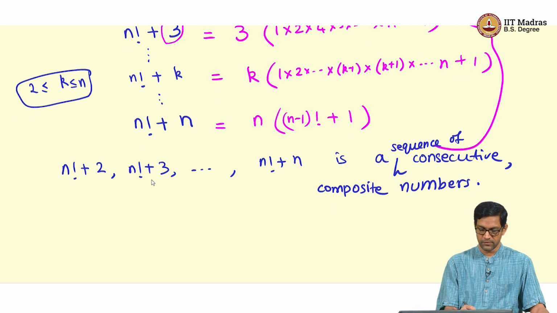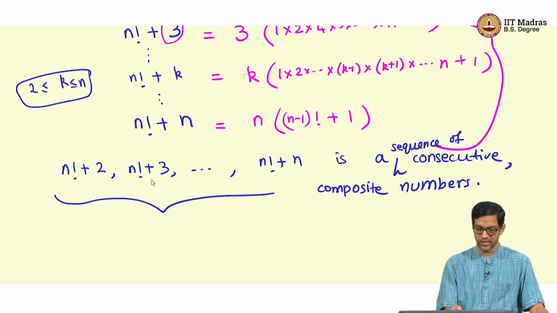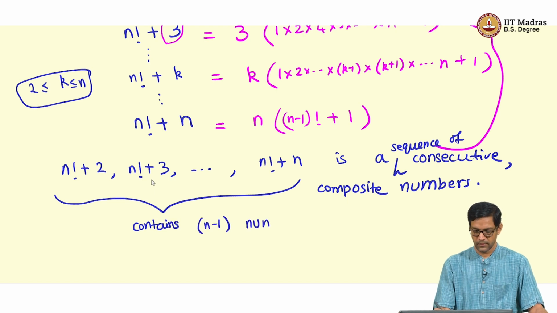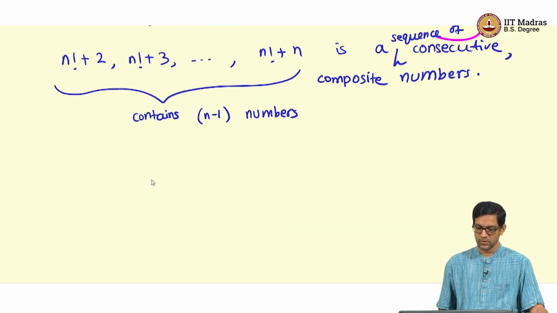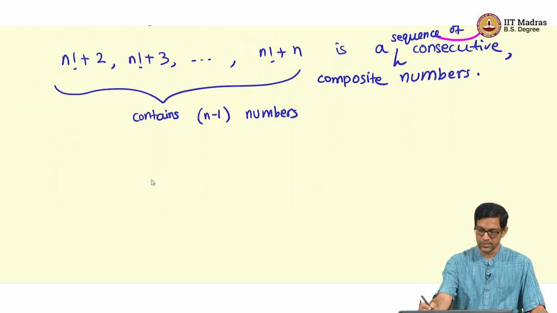Now what is the length of this sequence? How many numbers does this sequence contain? Well, it contains n minus 1 numbers.